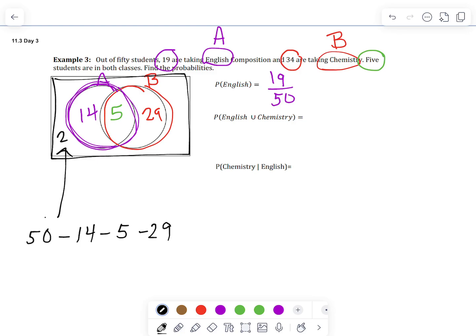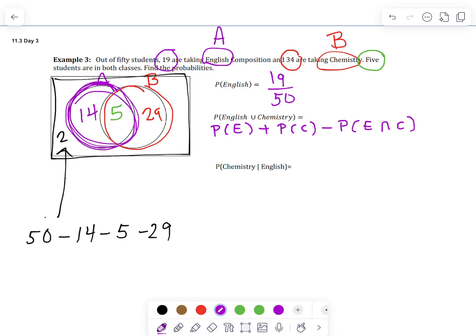So we would add up the probability of English plus the probability of Chemistry, and then we have to subtract out the overlap, the probability of English and Chemistry.